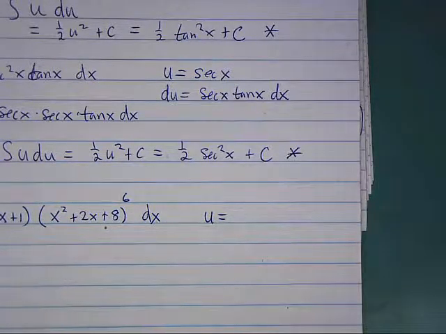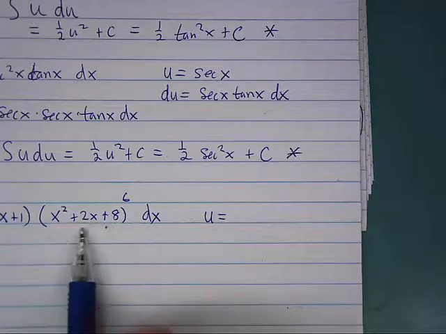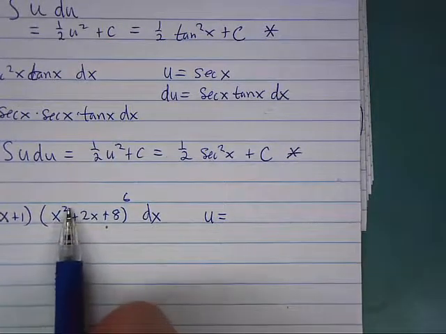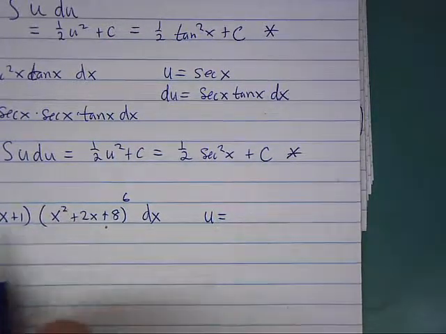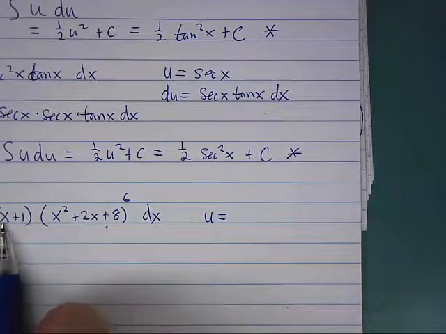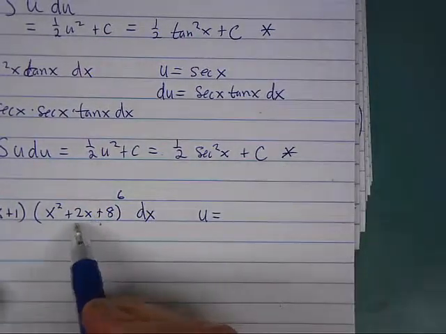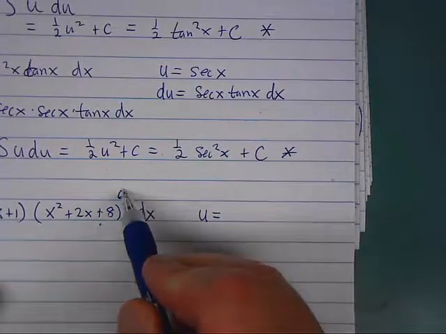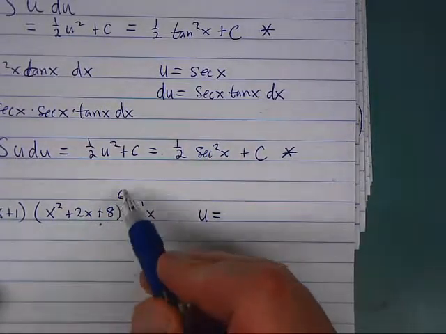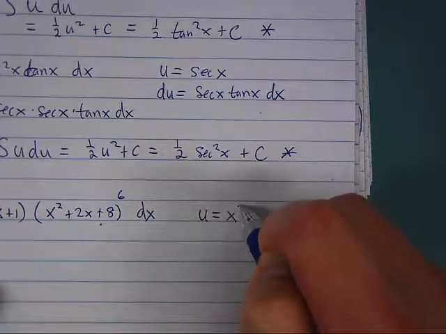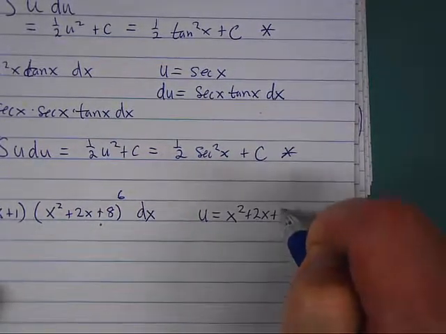Generally, the one you pick for U is the one inside the parentheses, and it's generally going to be the one with the bigger powers. Because here I have an x squared, when I take the derivative I'm going to get an x, and I'll be able to work that out, hopefully. The other reason is it's the one with the exponent on the outside also. That's a general good hint, too. So U is x squared plus 2x plus 8.